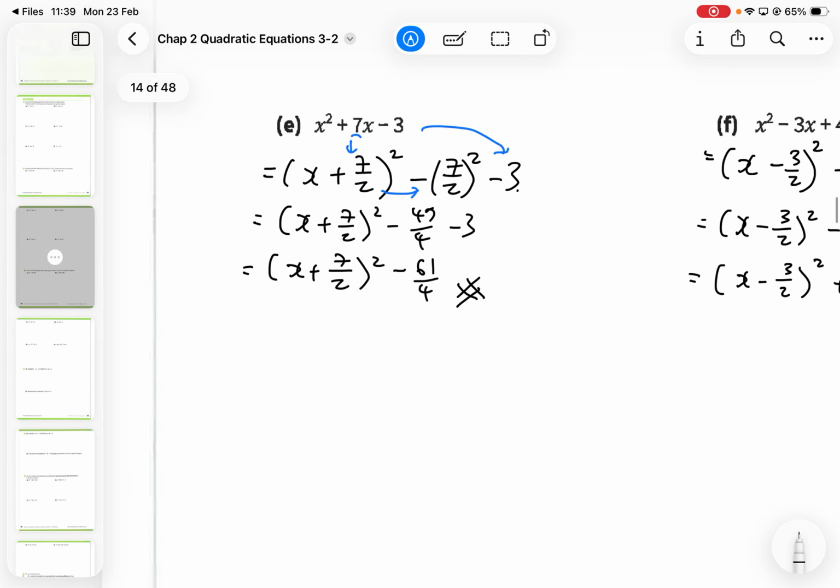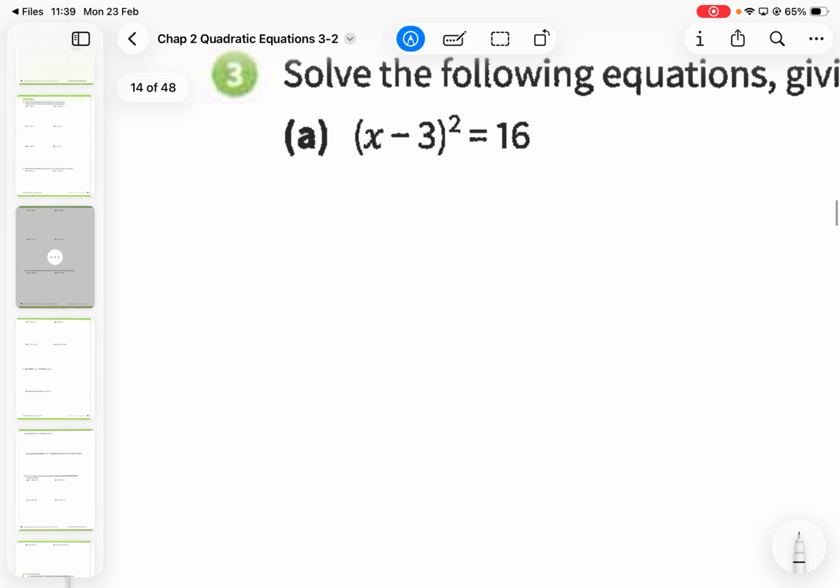X minus 5 squared equals 12. So the idea is the same. My x is inside the bracket. So I straight away remove the square first. When I remove the square means I need to square root 12. Then it can be plus, it can be minus. So there are 2 possible answers. Okay?